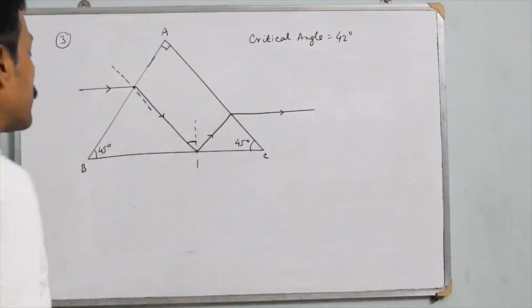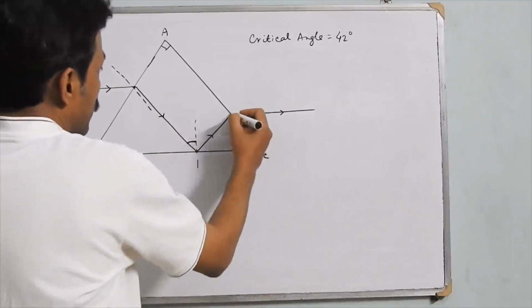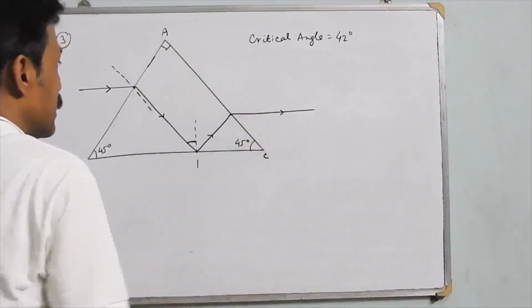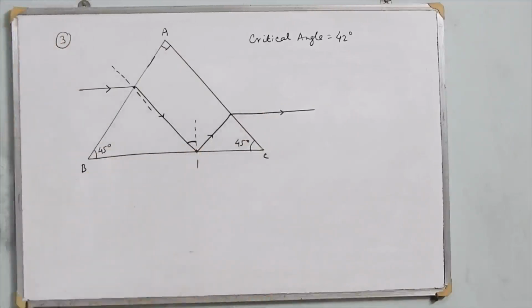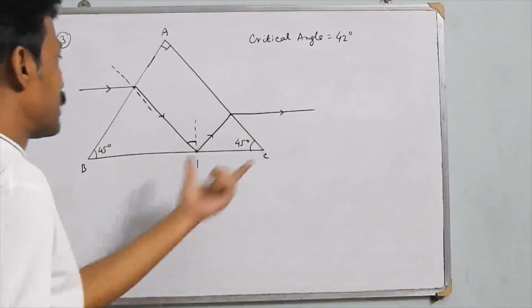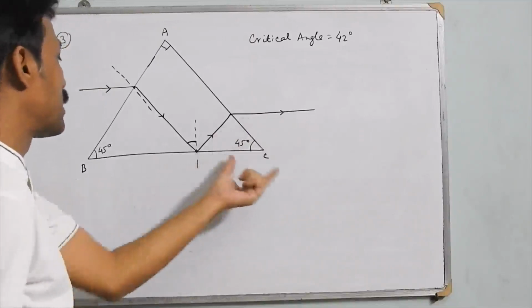After hitting the surface AC, ordinary refraction occurs and it moves out of the prism, but this emergent ray remains parallel to the base of the prism.